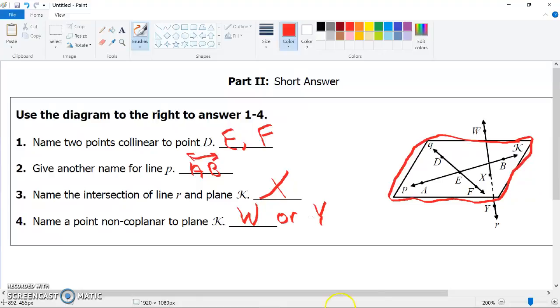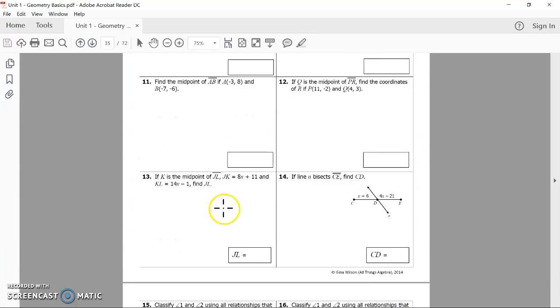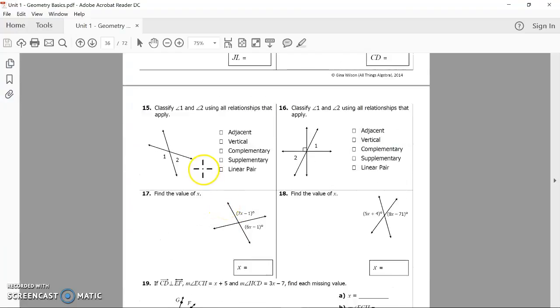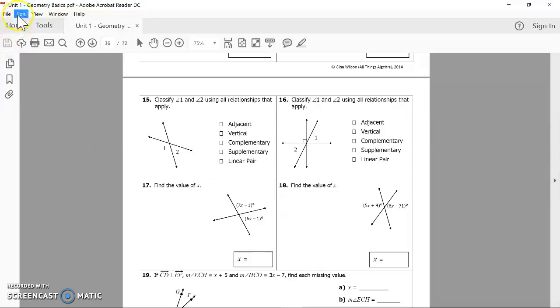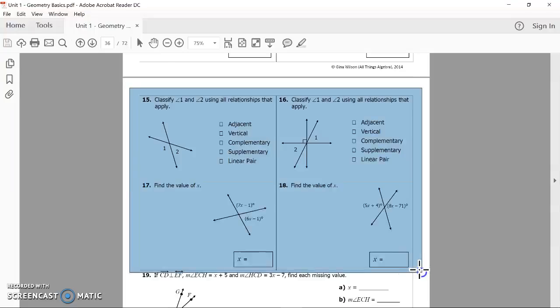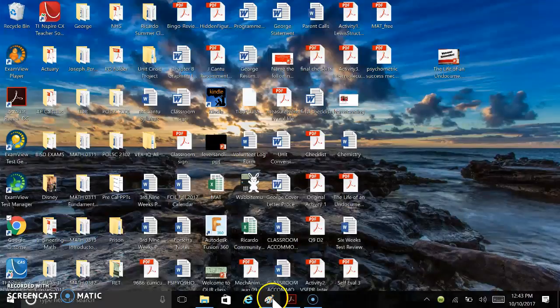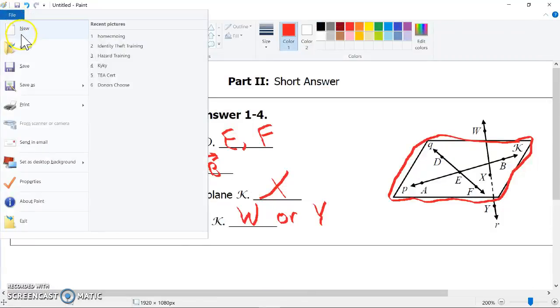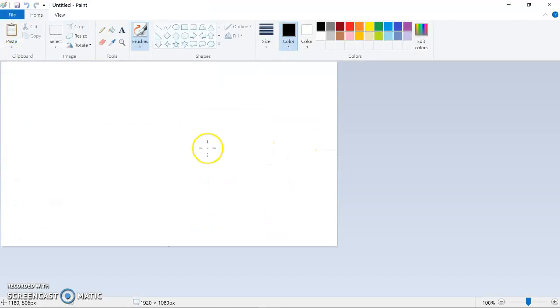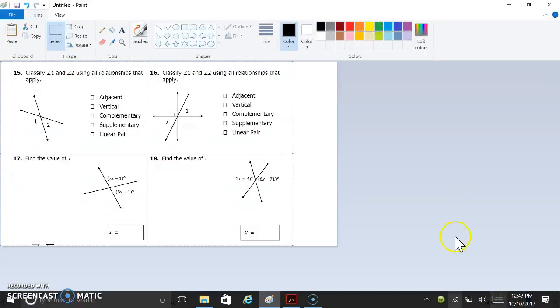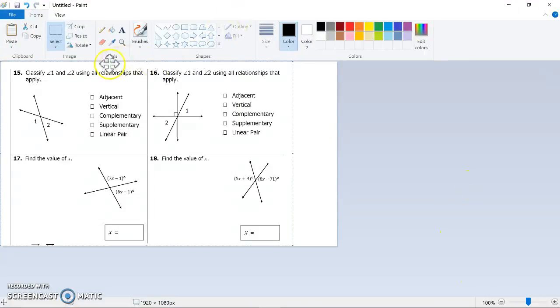I want you to turn to 15. If the video runs or stops, there is a second video.